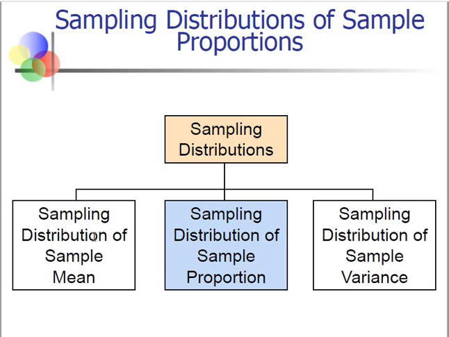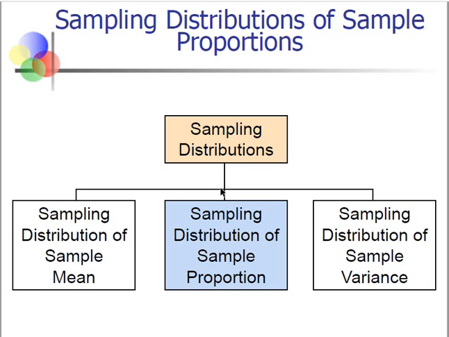If the population is normal, then the sampling distribution will also be normal. In the second case, if the population is not normal or it is unknown, then we check the sample size. If it is at least 30, we use the central limit theorem, which says that the sampling distribution is approximately normal.